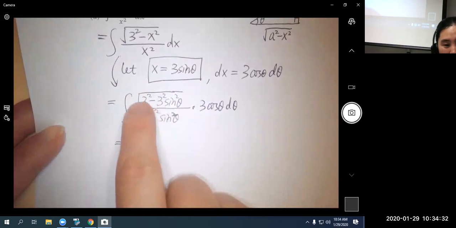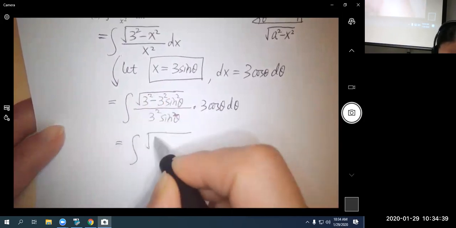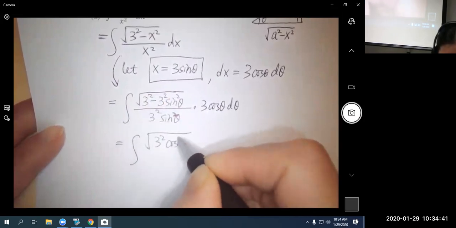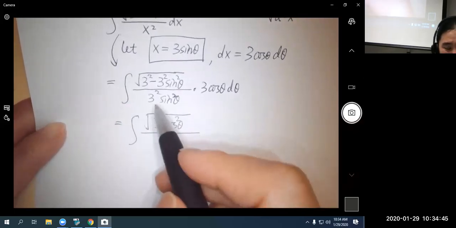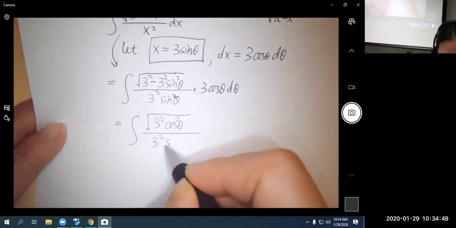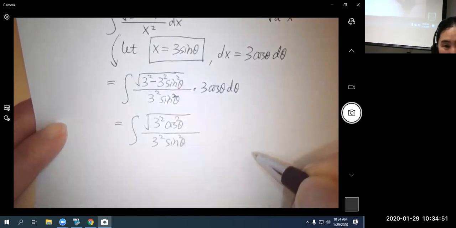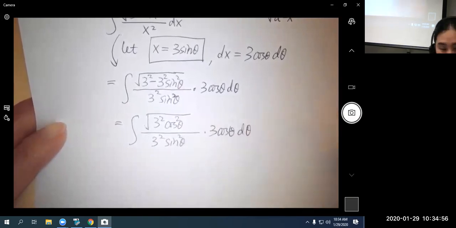Pull the 3 squared out, right? 1 minus sin squared gives us what? Cosine squared theta. Divided by, this is still 3 squared, which is 9. Or 3 squared, we can keep it, sin squared theta, times 3 cosine theta d theta.